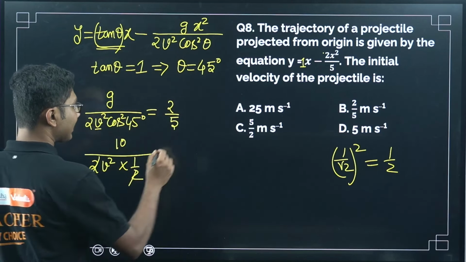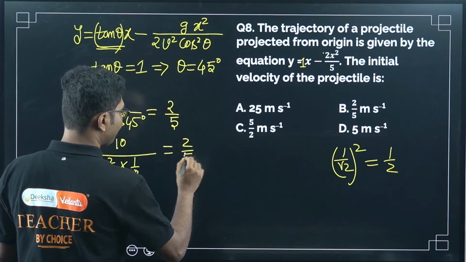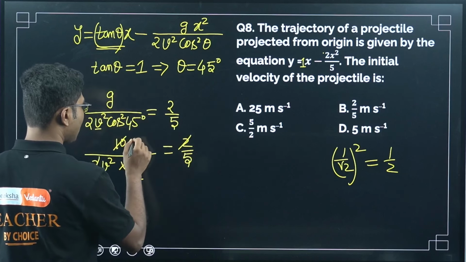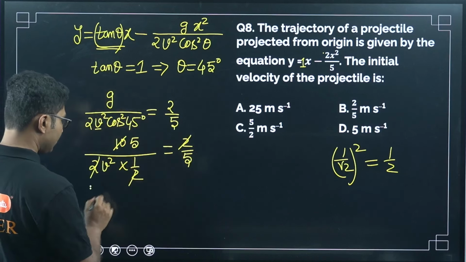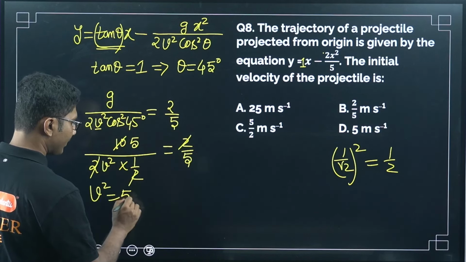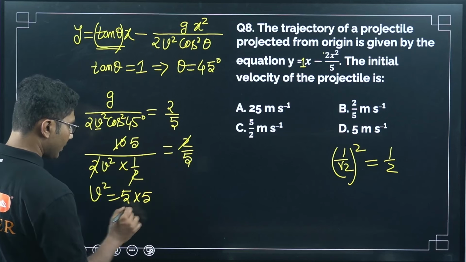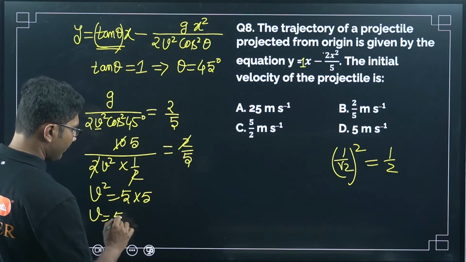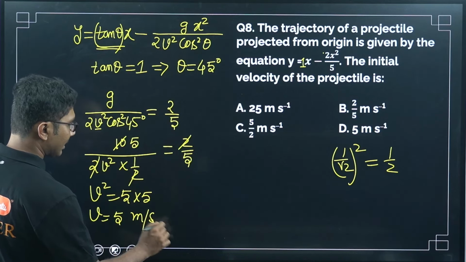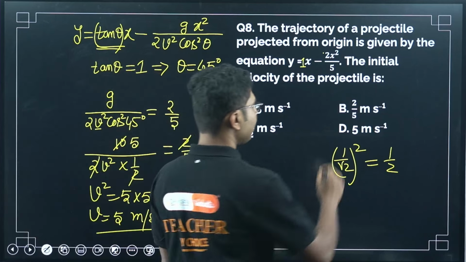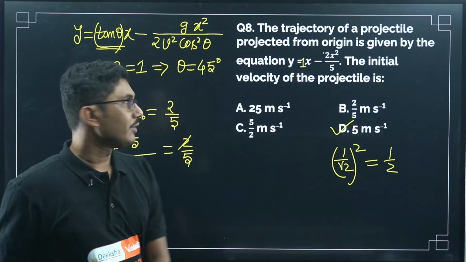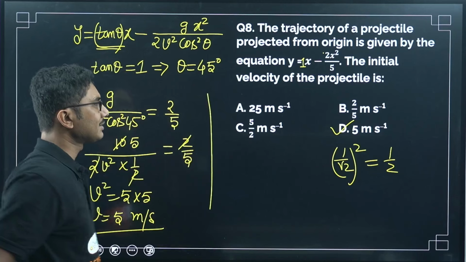So this 2 will cancel and this will be 2 by 5. Now you can cancel them. It will become 5. So v square equals 5 times 5, or v equals 5 meter per second. So v is 5 meter per second. You have to solve this. Don't guess the answer.